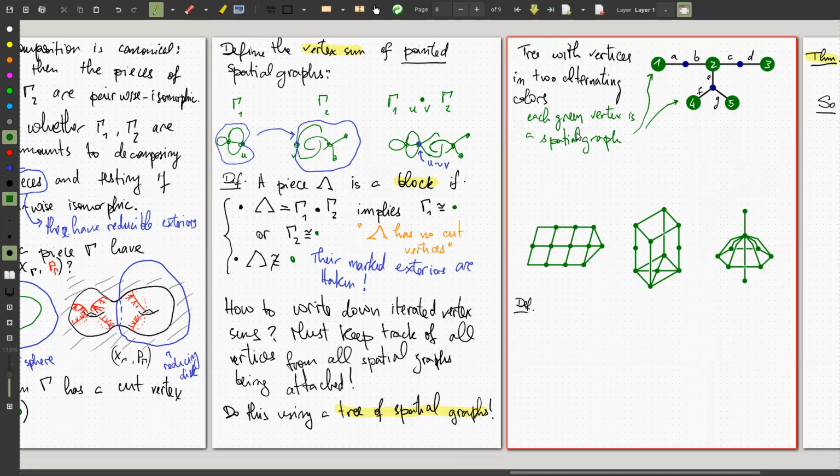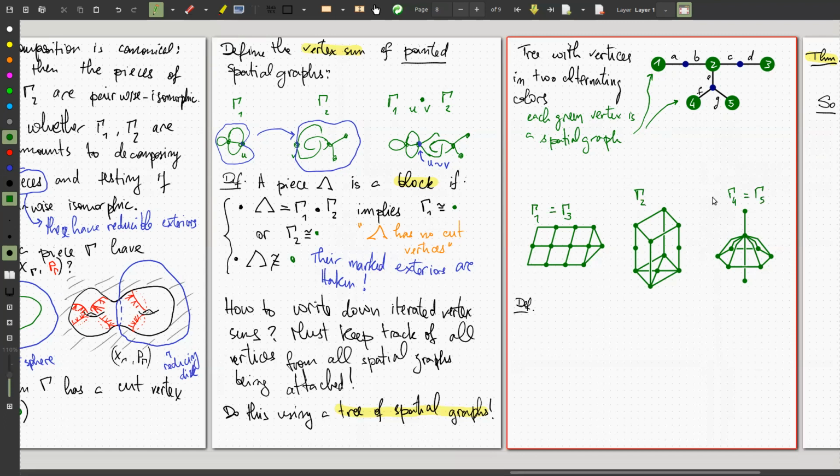Say vertex number 1, I want it to correspond to this graph, so I'm going to call this one gamma 1. Vertex number 2, if you allow me, I want it to correspond to this graph. Vertex number 3 also corresponds to the graph on the left. There's no reason why you cannot do the same thing twice. Vertex number 4 corresponds to this one, which is also number 5.